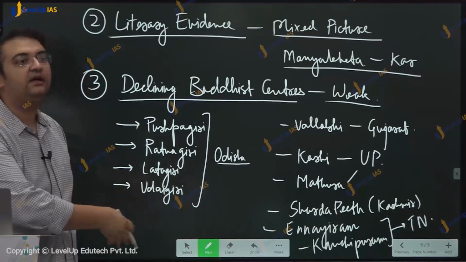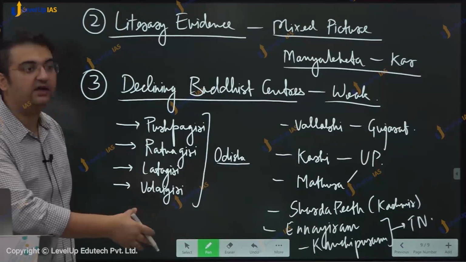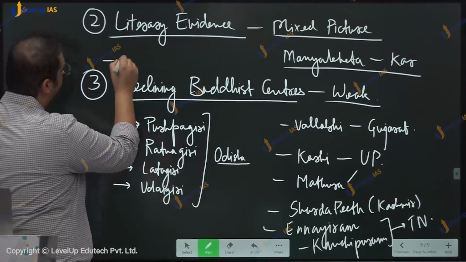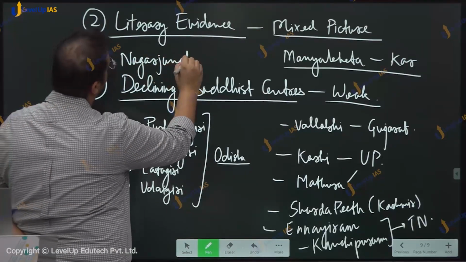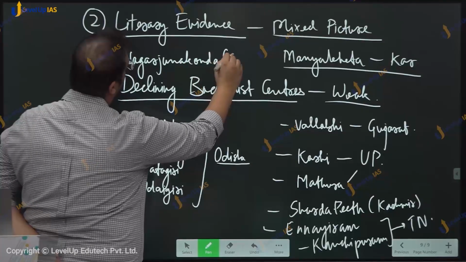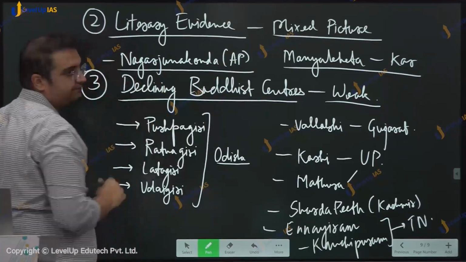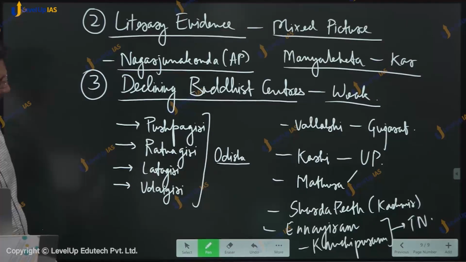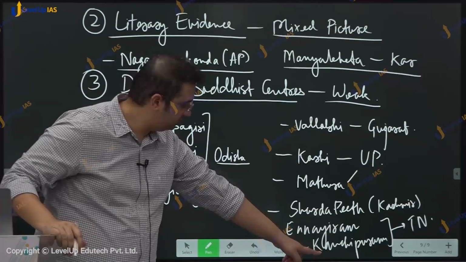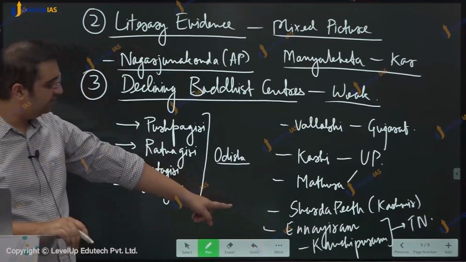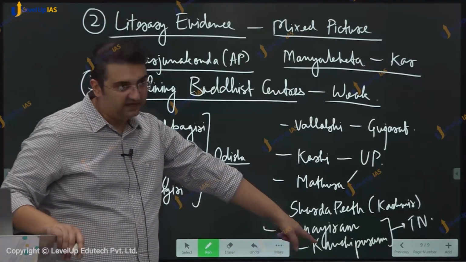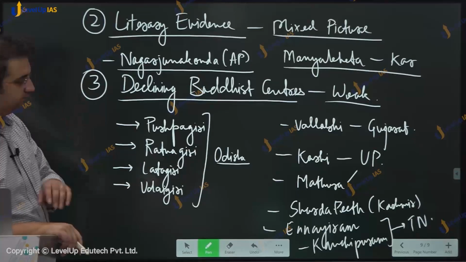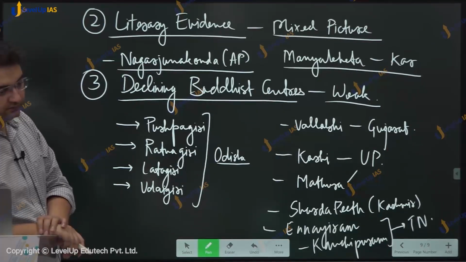It continued to flourish even during the Ikshvaku rule, Kakatiya rule etcetera. उसको भी आप लिख सकते हो. नागार्जुनाकोंडा in Andhra, ये कांचीपुरम. एन्नेयरम चोला पीरियड, कांचीपुरम पल्लवा पीरियड. Right?